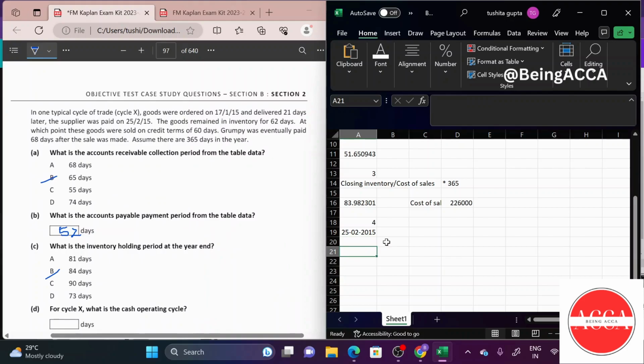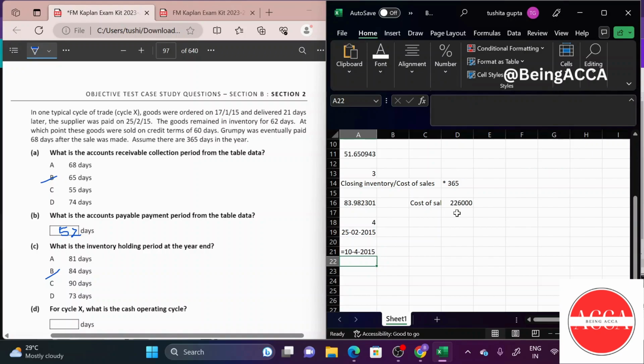If I find out the goods were sold 62 days later, this gets us to 10/4/2015, 62 days after the date of receiving the order.